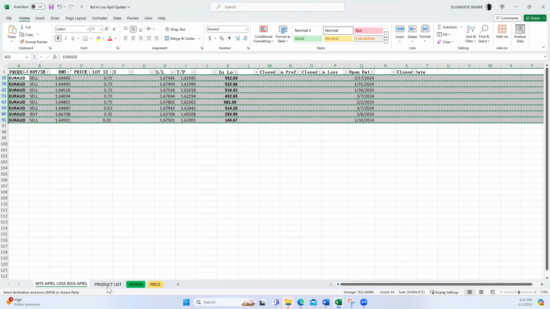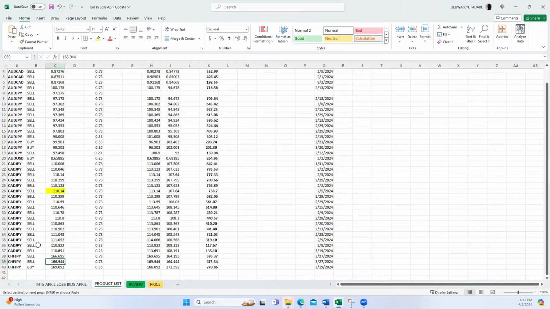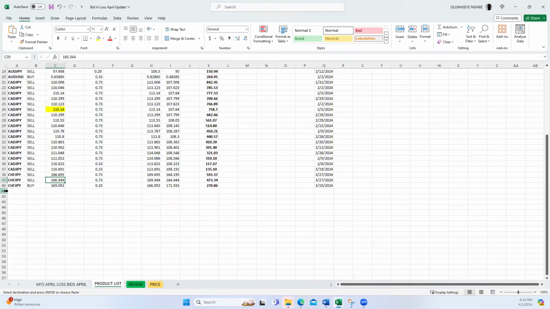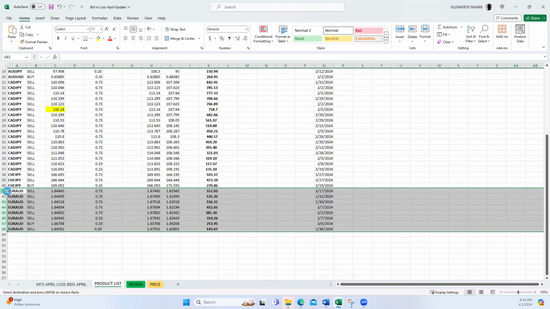All of them are sells, which is good for us. It makes our competition easier. So Euro AUD. All the Euro AUDs are on sale. Oh, sorry, we have a buy in between. The buy just sneaked in. Wow, just one actually.